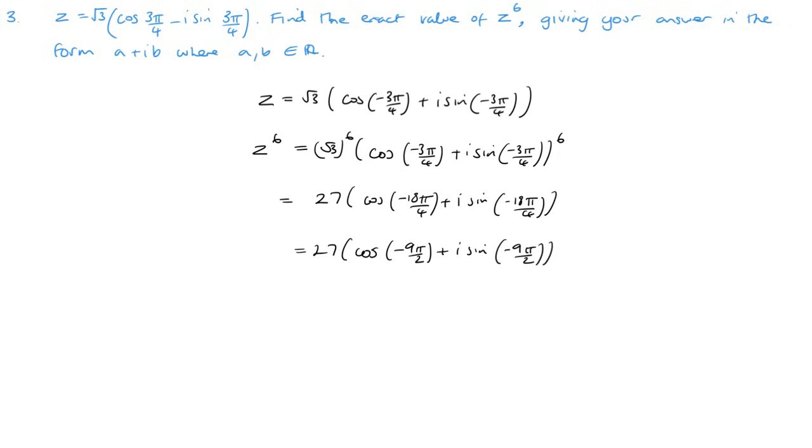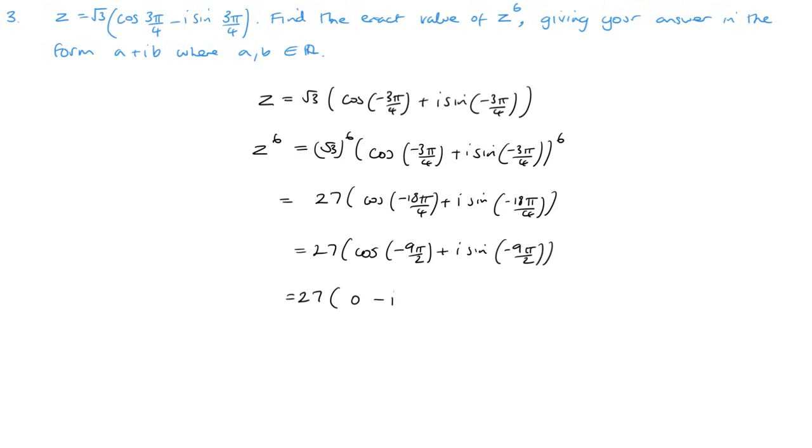Now from here I could just add 2 pi's to it until I get to an angle between pi and minus pi. Or I could just stick it straight in my calculator, which is what I've chosen to do. So cos of minus 9 over 2 pi is the same as cos of 3 over 2 pi, which is just 0. And this one is minus 1.